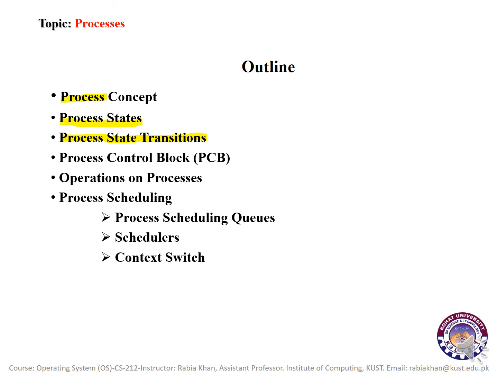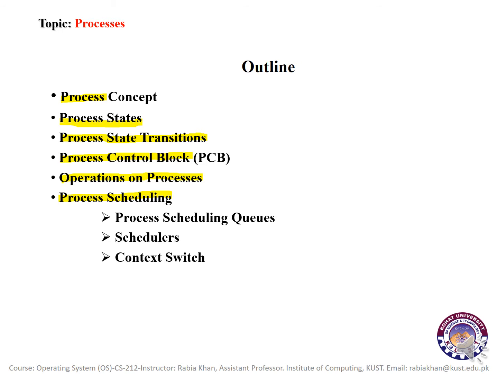Then we'll be discussing the block having process control information. What is it and what sort of information it holds? What are different operations that generally a user can perform on his process or an operating system performs? We'll be discussing different operations. And then at the end, we will be discussing process scheduling, how a process is scheduled in your system.